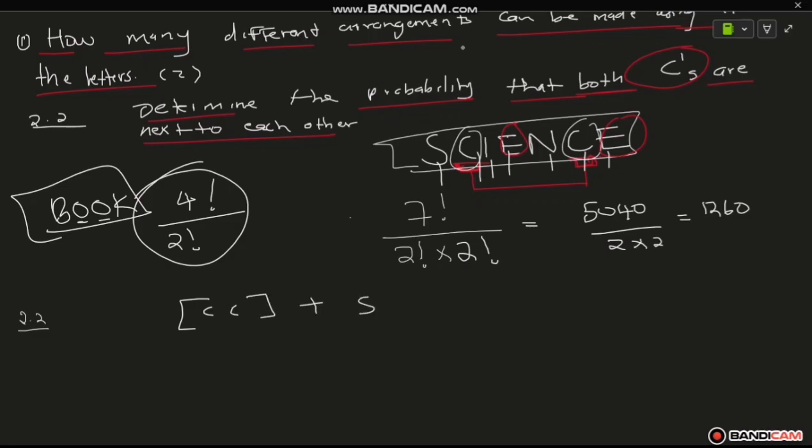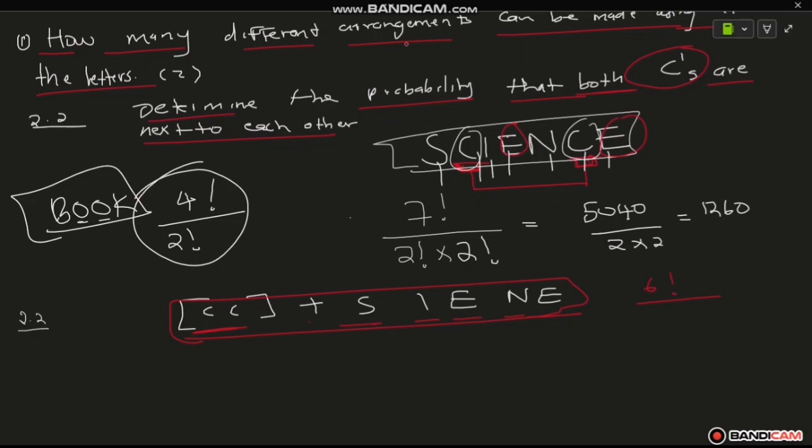Therefore, we are left with S, I, E, N, E, and we treat the C's as one block. Then when we count all of them, we are no longer having 7, but now we have 6 spots, because we took C and C to be in one block. I hope that makes sense.